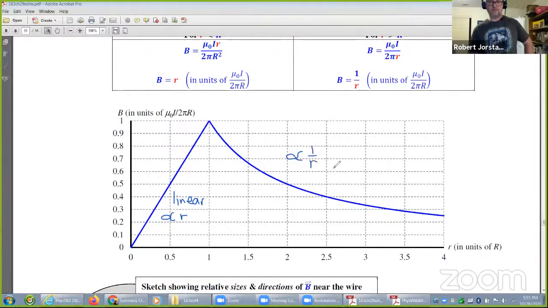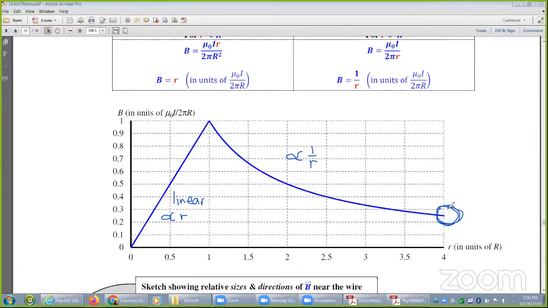That's not an alpha, that's a proportional-to sign. And so this 1 over r dependence gives us an idea why you have to have such long wires. Perhaps you know that in calculus, 1 over r doesn't converge, right? And so that's why magnetic fields persist much farther than electric fields did for the same kind of shape.